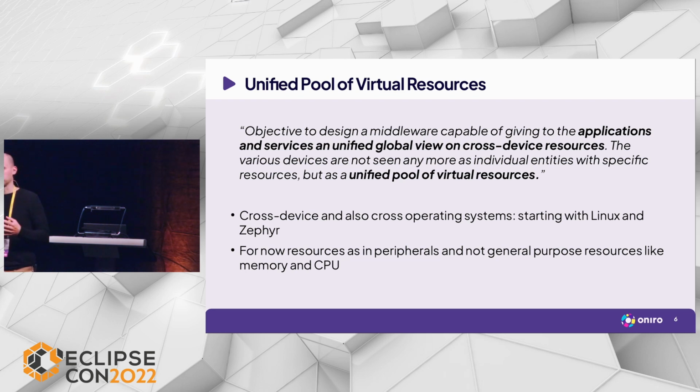Fine. You might even have an ecosystem like from Apple or Google or whatever. So you have it there, and then you work with very many devices and so on. But there's always a limit to all of these things. And what we envisioned was more that the applications and services have a global view across all the devices and have a unified pool of these resources available. So that's one of the big concepts we wanted to achieve here. We are far away from that, but we are on the way to do that.